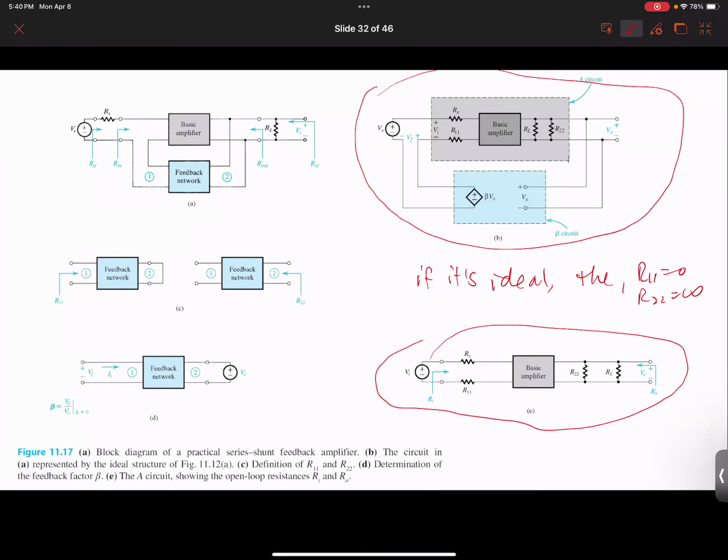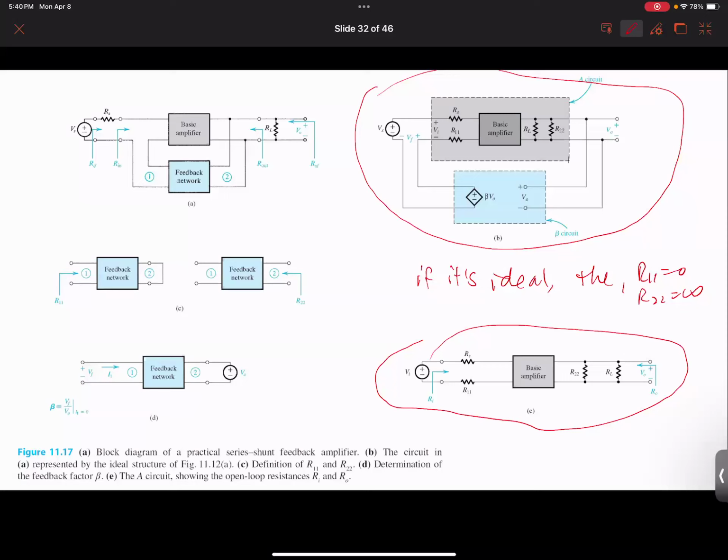And from here, you get R22. And by applying voltage here, matching the output side of the feedback network, you get beta. Once you get these three parameters, you can redraw the ideal case by introducing R11 and R22 in the input side and output side. And then you can also draw the basic amplifier circuit by removing the feedback, putting the feedback at 0, and you got the basic amplifier.